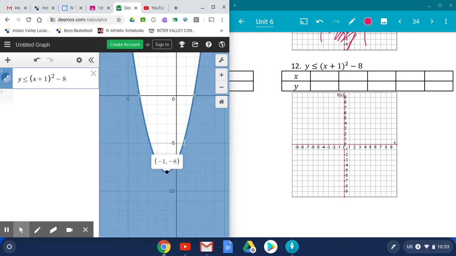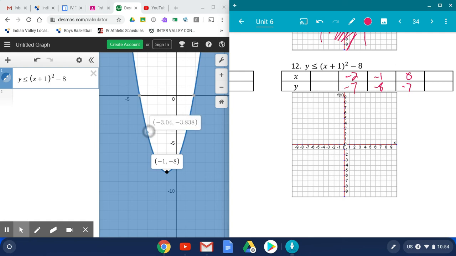There's my vertex. My 2 zeros aren't any good. They don't help me much. So I have negative 1, negative 8 as my vertex. I've got 0, negative 7. So I got negative 2, negative 7.